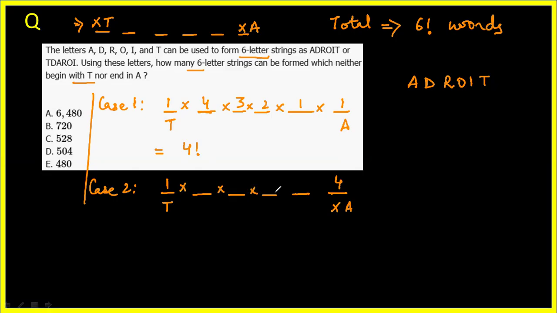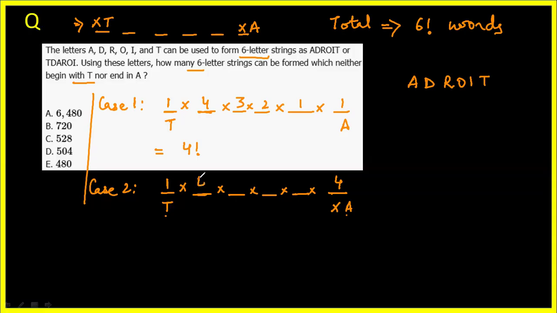Then, how many choices for the second position? Out of 6 alphabets, 2 cannot come. Why? Because you have fixed T here, and you have used one of the other alphabets, which is not A, at the end. So out of 6 you have used 2.